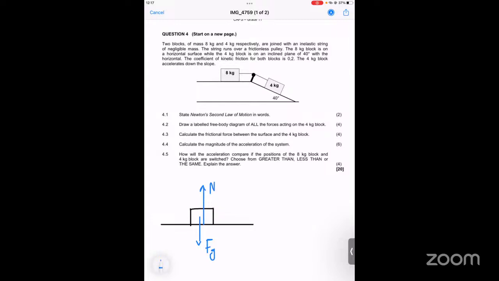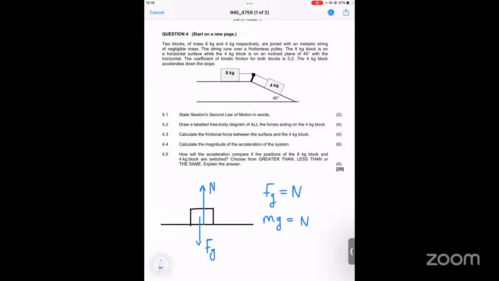Because this object is not moving up or down, those forces cancel each other, they are equal, isn't it? Yes, sir. So the force of gravity is equal to the normal force in this case. So mg is equal to the normal force.